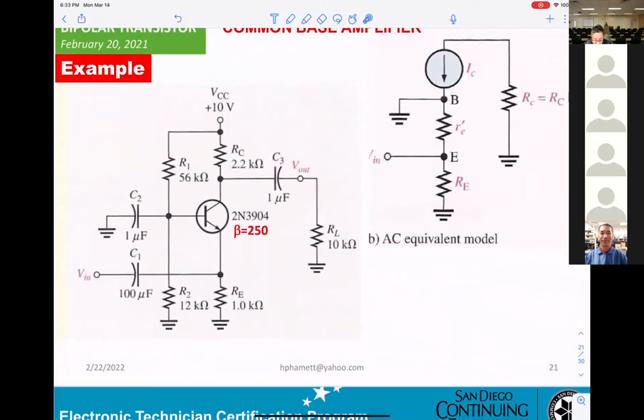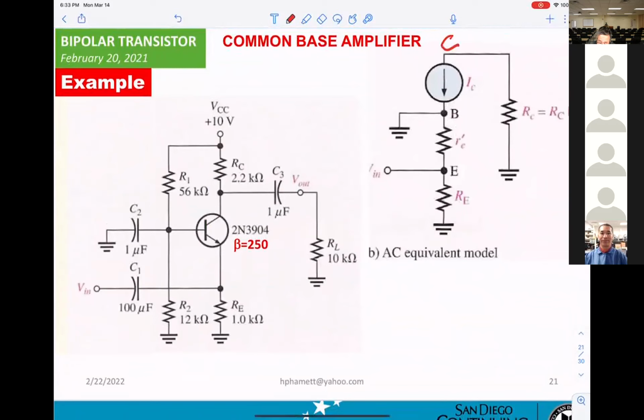And in this example here, if you're looking at the AC model, this is the collector right here. This is the base. And this is the emitter right here. So you can get RL here and RE here. Basically you get a route right here.